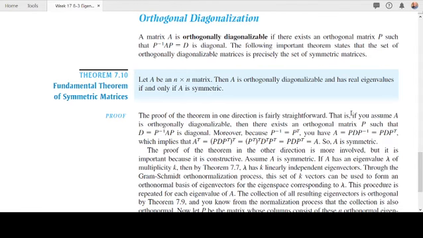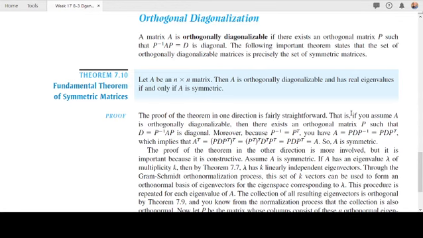Moreover, remember, the inverse of P equals the transpose of P, so that you get A equals PDP inverse, which is PDP transpose. Take the transpose on both sides of that equation, and you ultimately wind up with A transpose equal to A, which proves that A is symmetric.